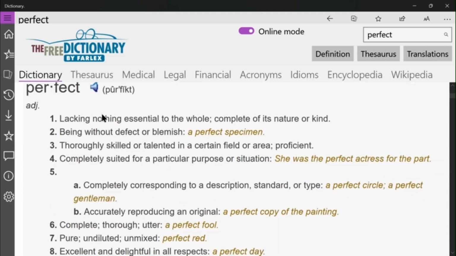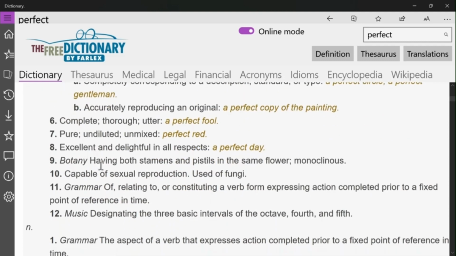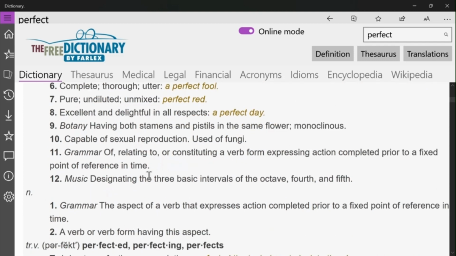Lacking nothing, no. Being without defect, no. Complete, pure, excellent, no. Capable of sexual reproduction, no. Grammar: of, relating to, or constituting a verb form expressing action completed prior to a fixed point.